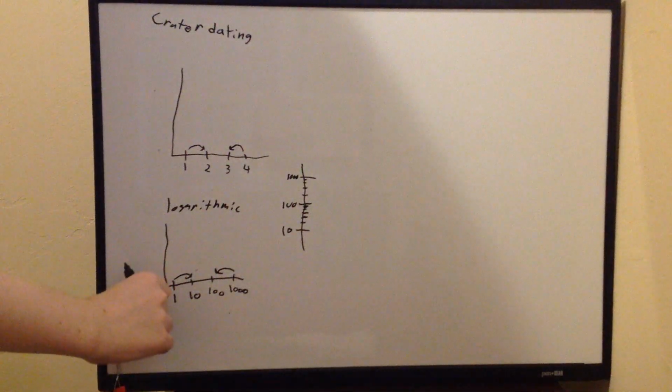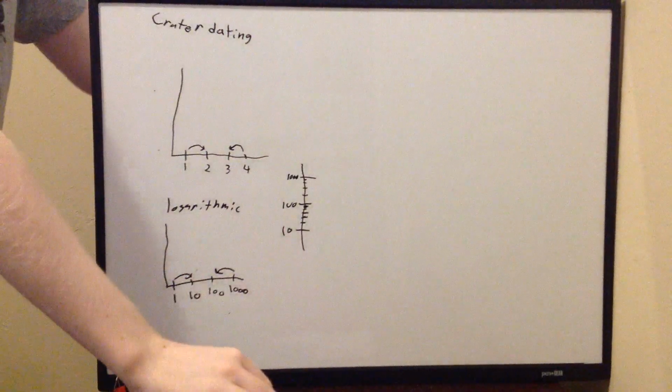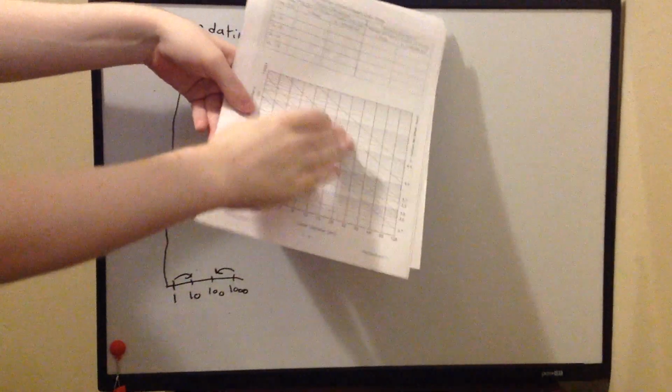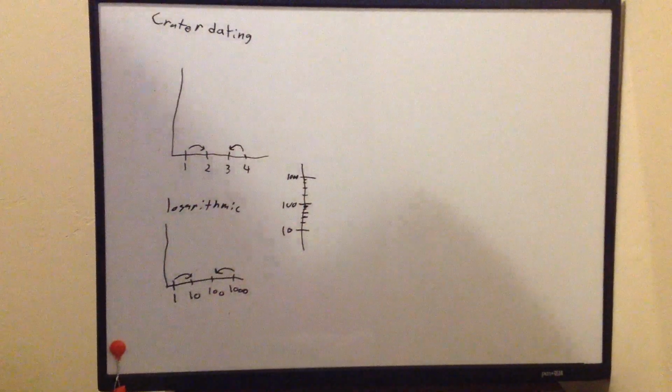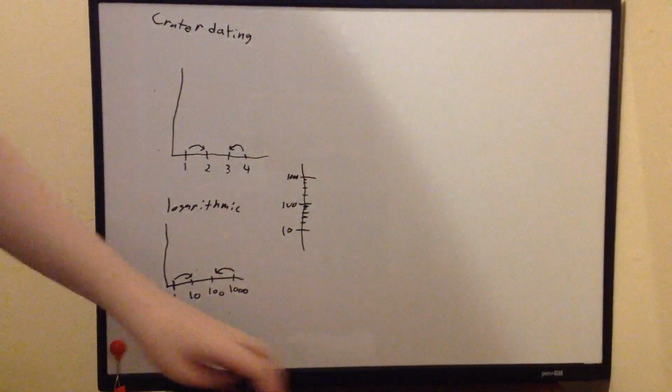Now this plot that you're seeing also has these big diagonal lines. I'll show it to you. It's got these diagonal lines on it. Those aren't an axis of the graph or anything.